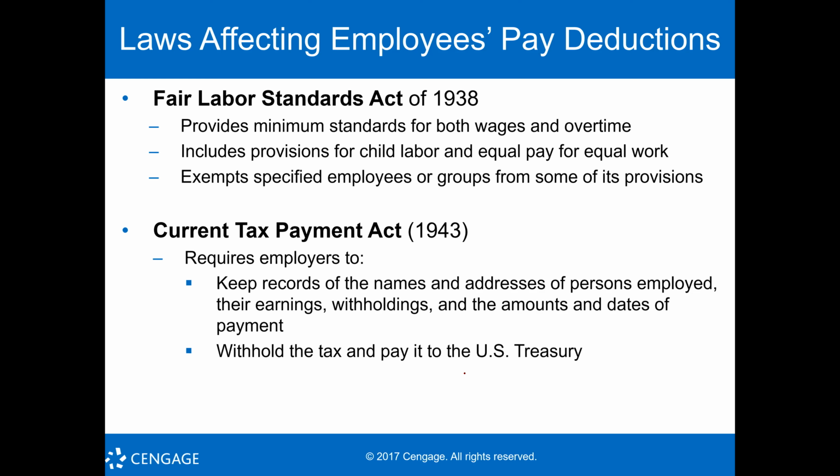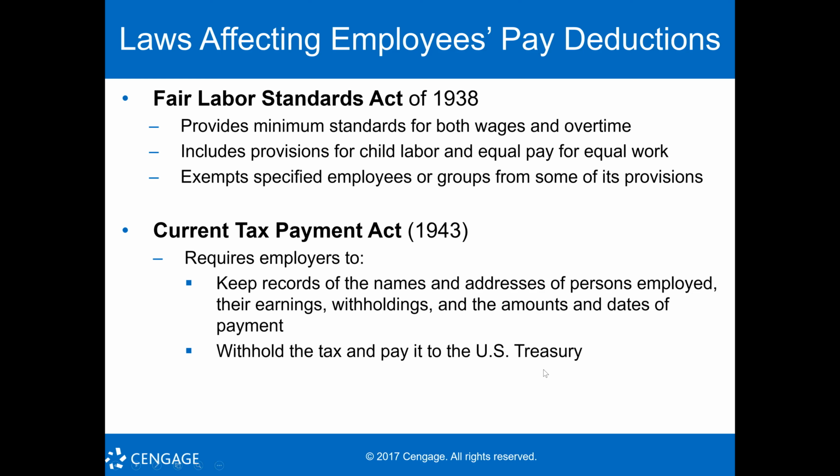And then when a company takes taxes out of your check, and we're going to talk about this more as we learn about these calculations, they don't get to keep those. They have to pay those to the respective government agencies. So for example, when they withhold federal income tax, they have to pay that to the U.S. Treasury.